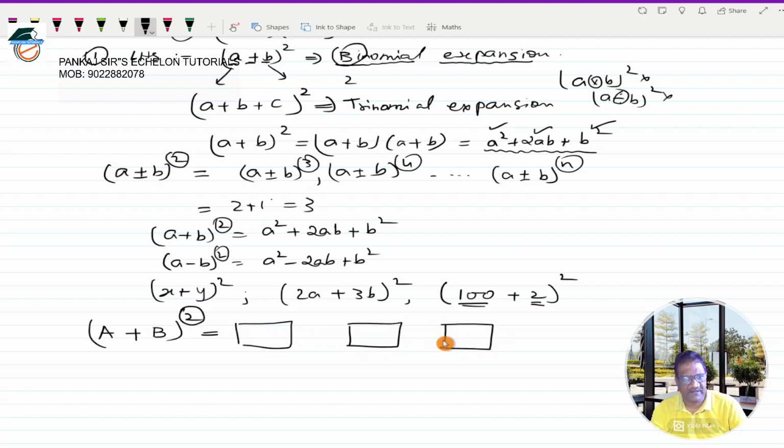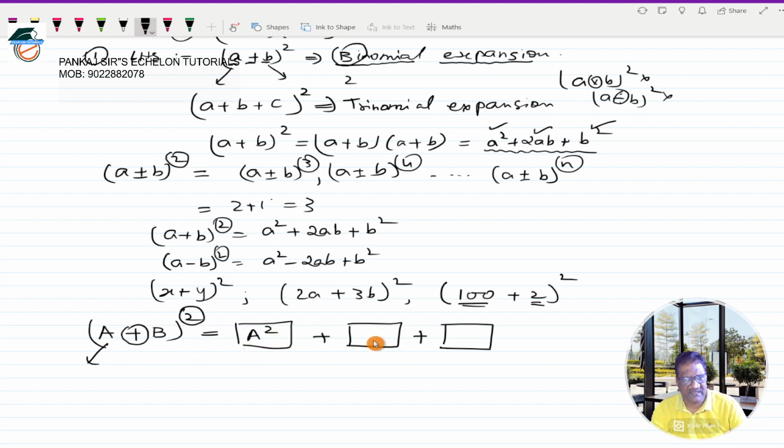Whenever there is a plus between the 2 terms, between these boxes also there will be plus. In the first box you have to put the square of the first term, so I'll write a square.